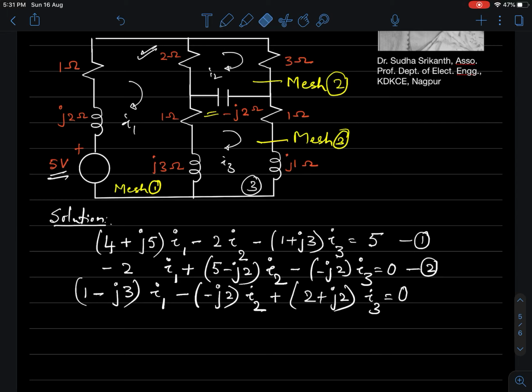See, we are able to write the equations by inspection. This is the best part of mesh analysis. If we have to do it by the KCL KVL method, instead of mesh currents we assume branch currents, and the number of currents would equal the number of branches, and then you have to alternately apply KCL and KVL and try to solve the equations. That is a little complicated.